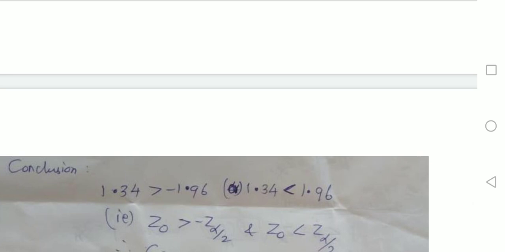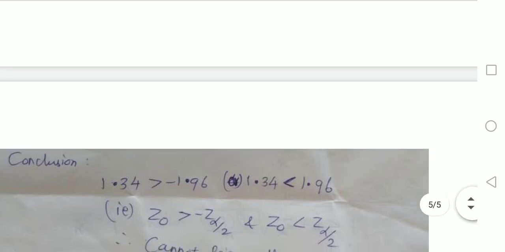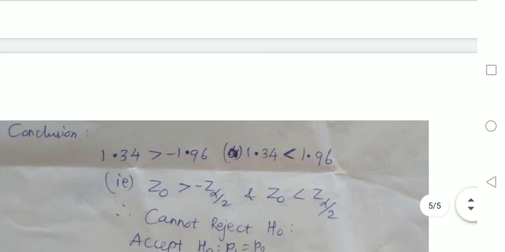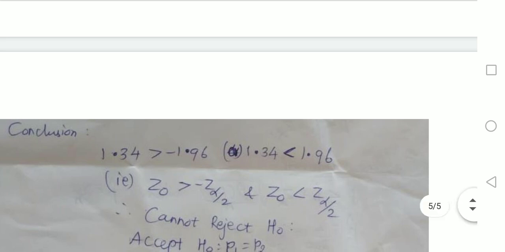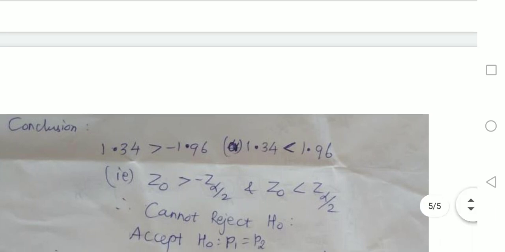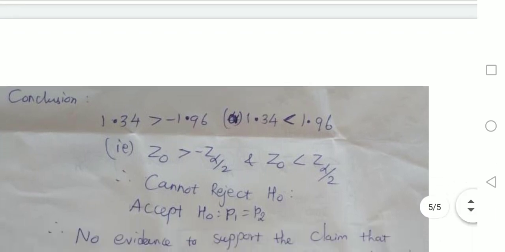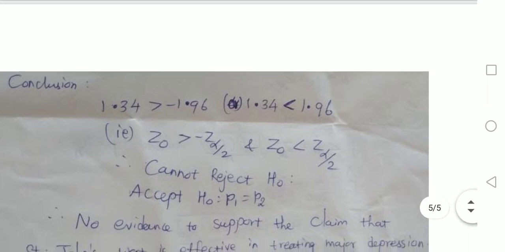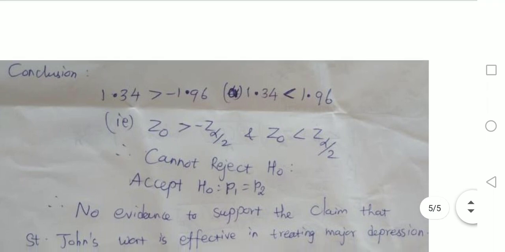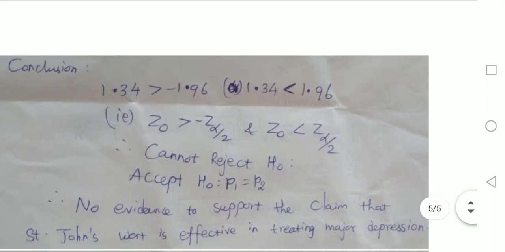Actually this is opposite to the rejection criteria. The rejection criteria is z naught less than minus z alpha by 2 or z naught greater than z alpha by 2, but here we get z naught greater than minus z alpha by 2 and z naught less than z alpha by 2. So we cannot reject h naught, because this is not under the rejection criteria. So we cannot reject h naught, and we accept h naught. They are equal, P1 equal to P2.